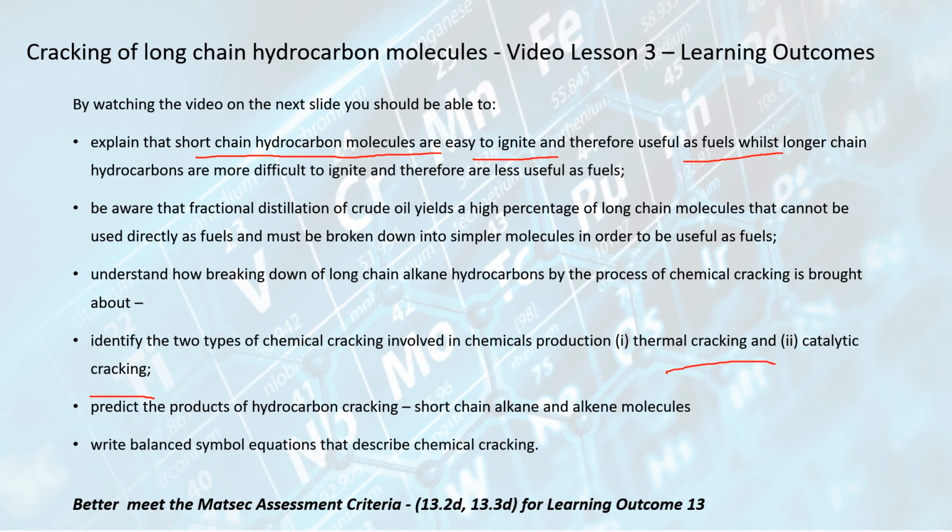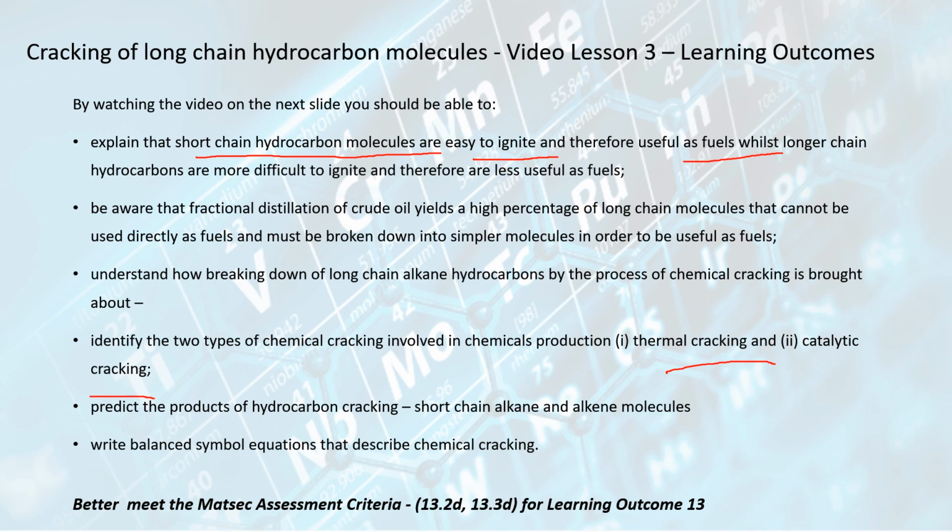So let's take, for example, a long hydrocarbon chain as found in, for example, lubricating oil. It is one of the residual fractions that you get in fractional distillation. Now, as it stands, it can only be used to lubricate machine parts.